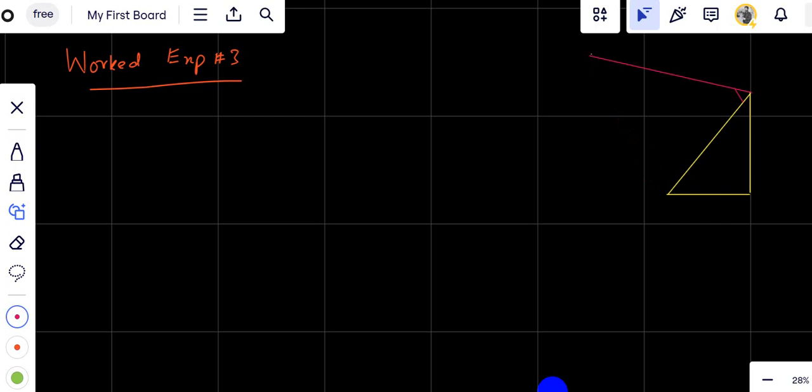This is again not a straight line. Let me try to draw a straight line. Yes, perfect. And we have a line here which is dividing this. So let's say this is here. So perfect. We have these two lines.